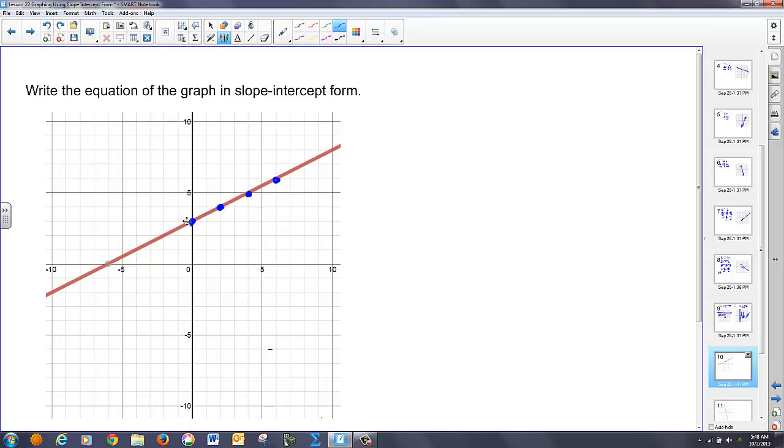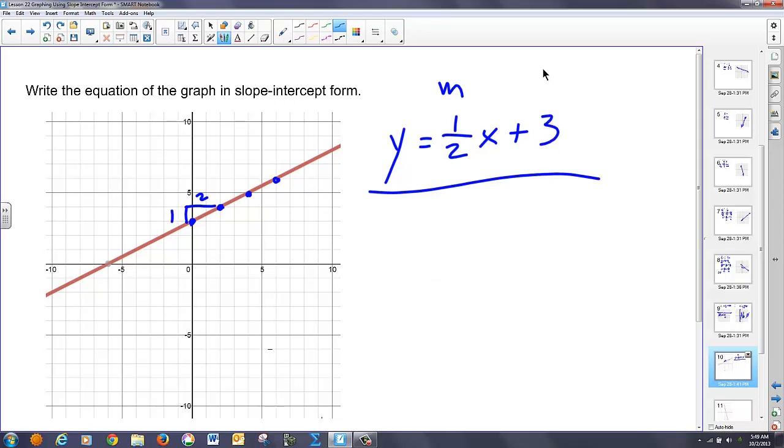So you'll notice here, if I go up 1 and over 2, and this is a positive slope since it continues to rise, that's going to be my slope. So I have y is equal to, my slope we just said was up 1 and over 2 x, so here's our m, plus my y-intercept, which we just got done saying was 3. And there's our line in slope-intercept form.